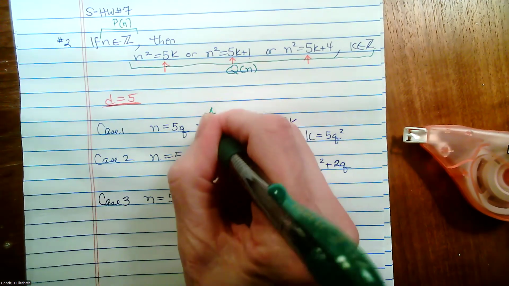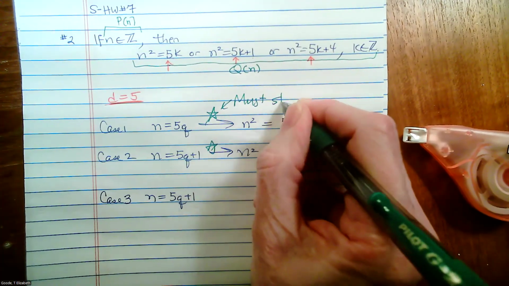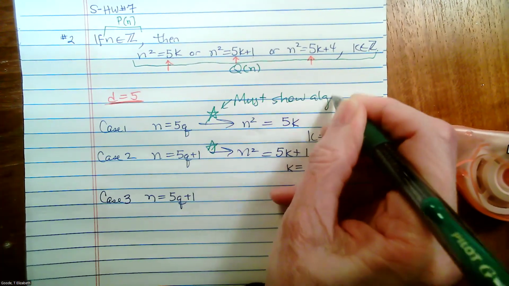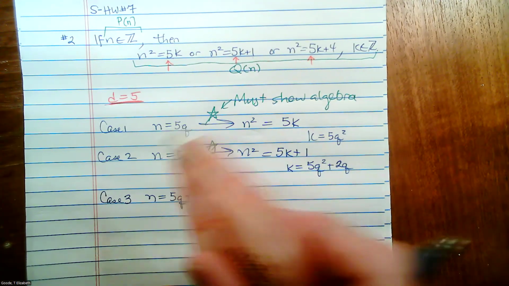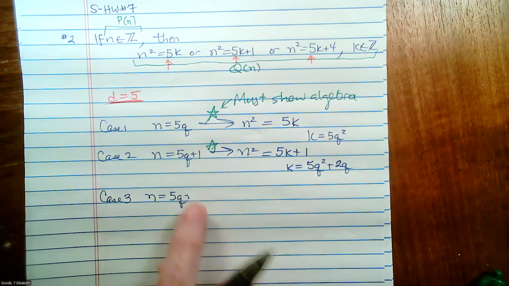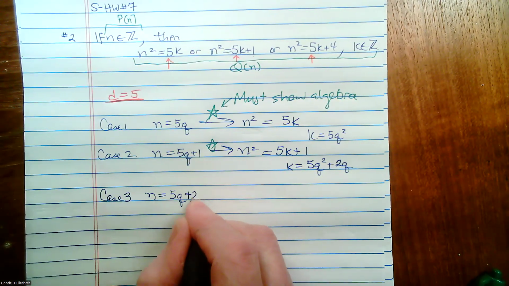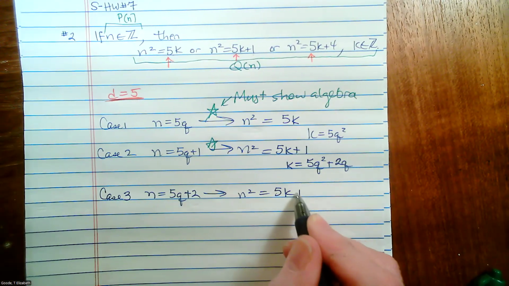Case 3 was n equals 5q plus 2. Of course, you must show the algebra, but I'm not doing the algebra, we're just checking your work here. Yeah, I have the algebra in here. So when it's 5q plus 2, what remainder did you get? 4.